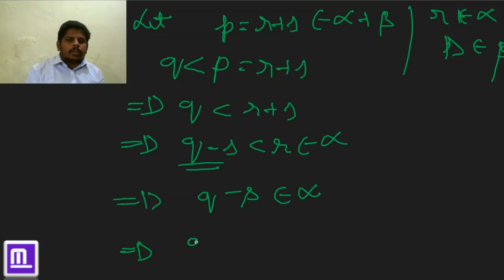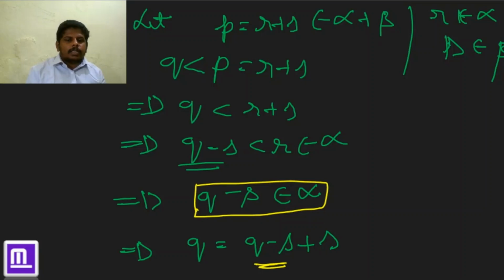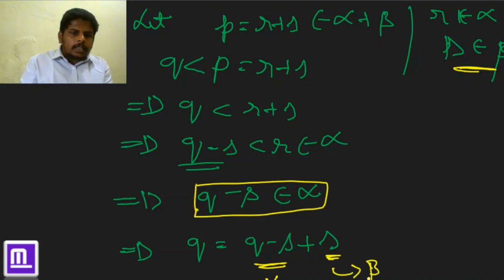Now you can write q as q minus s plus s. Here, this q minus s belongs to alpha, and this s obviously belongs to beta. So we can look at q as a sum of rational numbers, where the first belongs to alpha and the second belongs to beta.